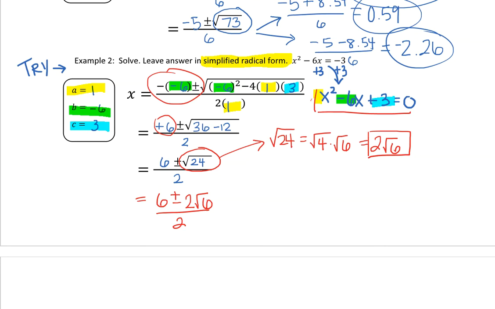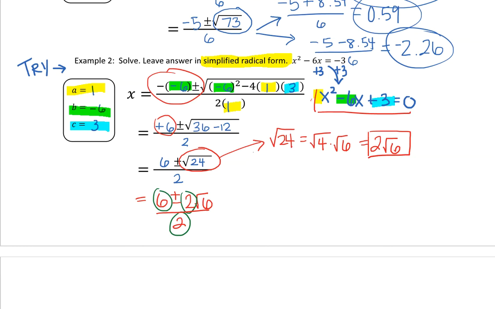At this point, I want you to look at 3 numbers: the 6, the 2, and the 2. Ignore the radical, we can't do anything with that. But look at the 6, the 2, and the 2, and ask yourself if there's a common factor. And I do see one.